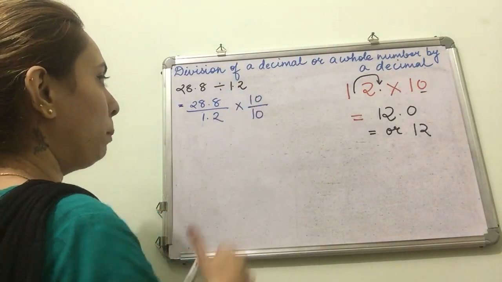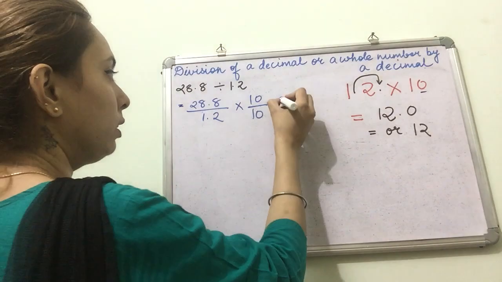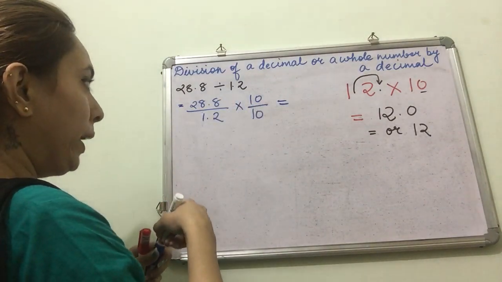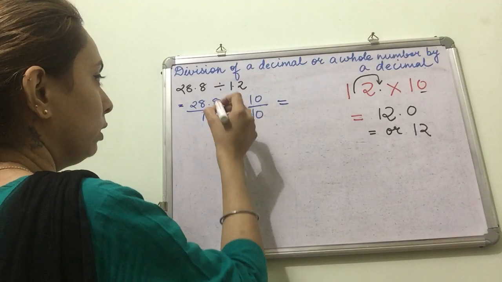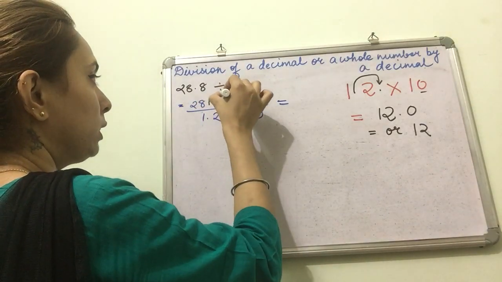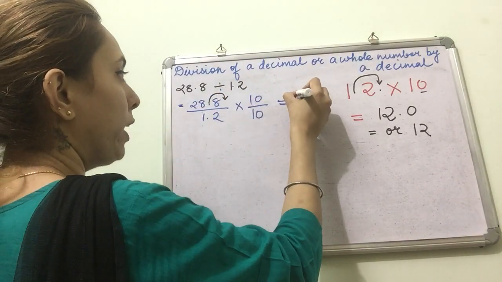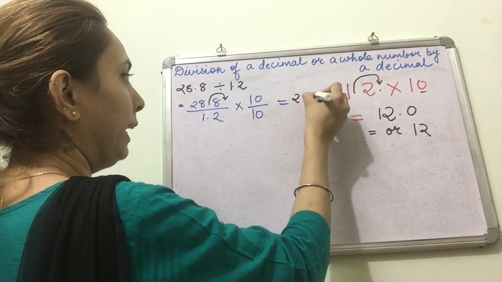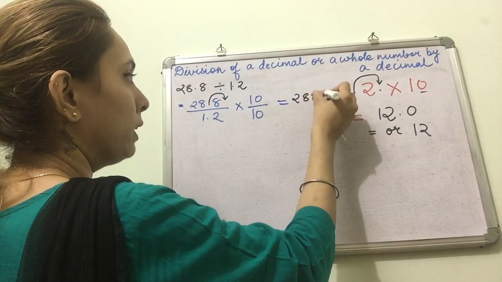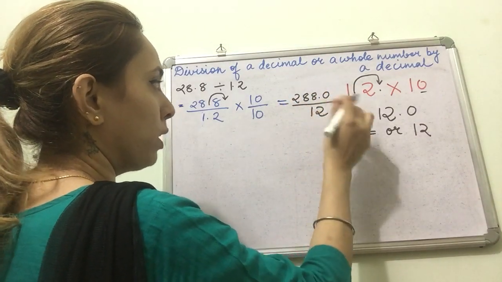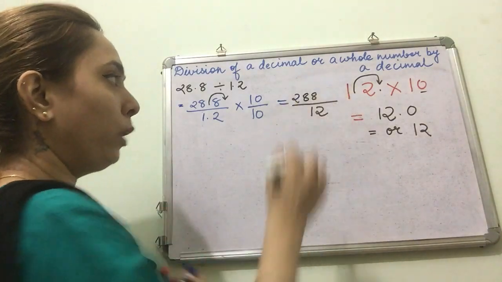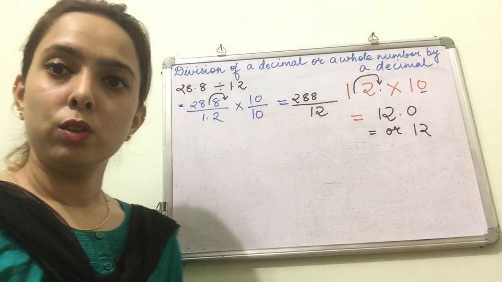So now let's multiply. 28.8 multiplied by 10, this point will be shifted towards the right side, so it will become 288.0 upon 12, or you can write 288 upon 12.